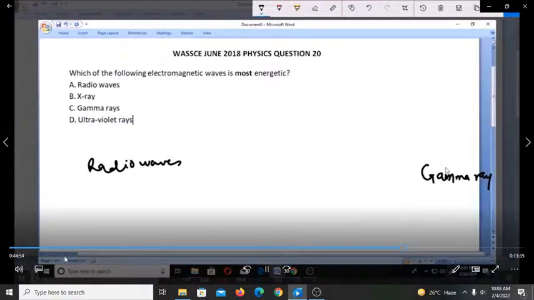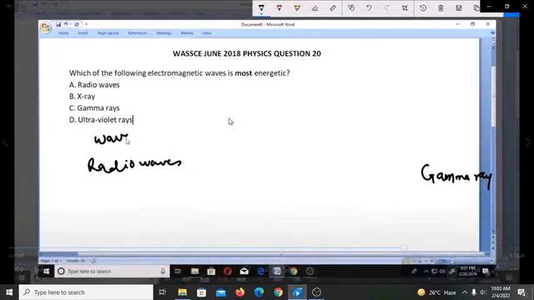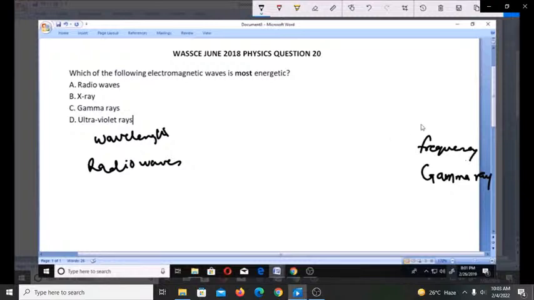So in terms of wavelength, this one has the highest wavelength. But in terms of frequency, this one has the highest frequency, gamma ray has. And the one with the highest frequency also has the highest energy.